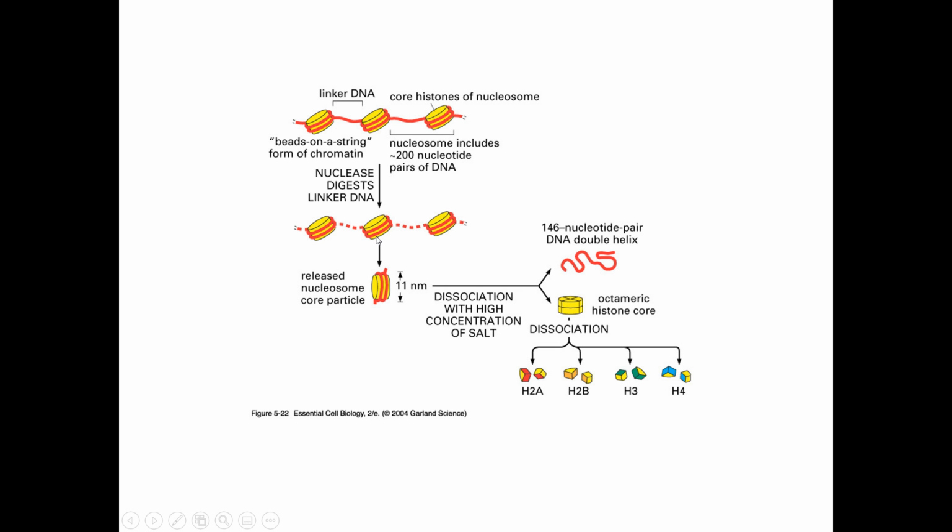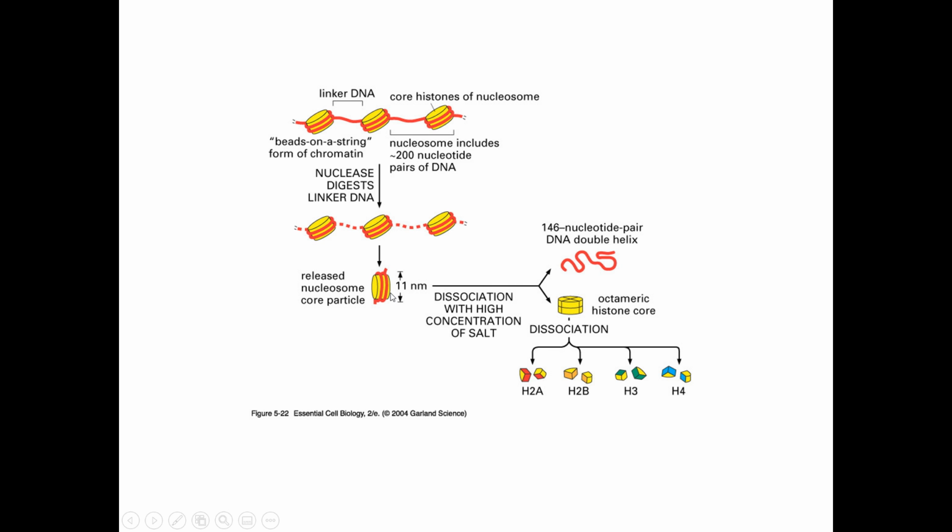See, each nucleosome core particle is 11 nanometer in diameter, remember, and it has 1.75 turns of DNA, which consists of around 146 nucleotide base pairs, double helical.